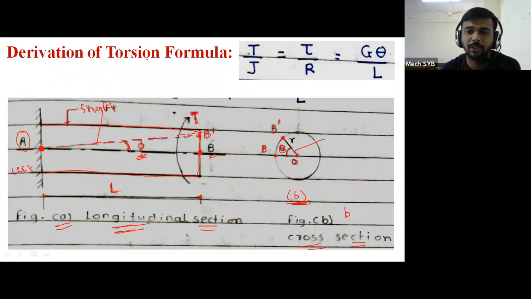Similarly, by using the figure B, we have to calculate the B dash. Now, please tell me, in the figure number A, B dash is one of the distance. But in figure number B, whether it is distance or whether it is arc.